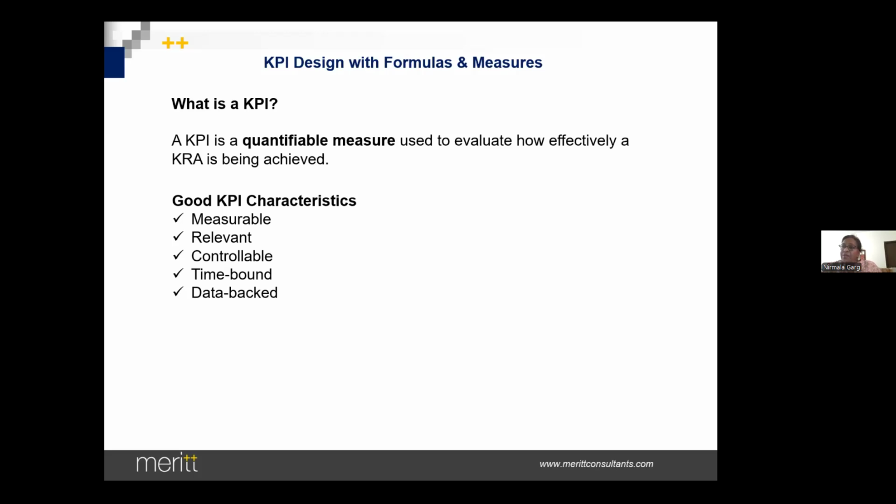Quantifiable means you are giving numbers to it. You can typically follow the SMART way: specific, time bound, data backed, relevant. So they have to be measurable. Why should they be measurable? Because they provide data. You can't be vague.